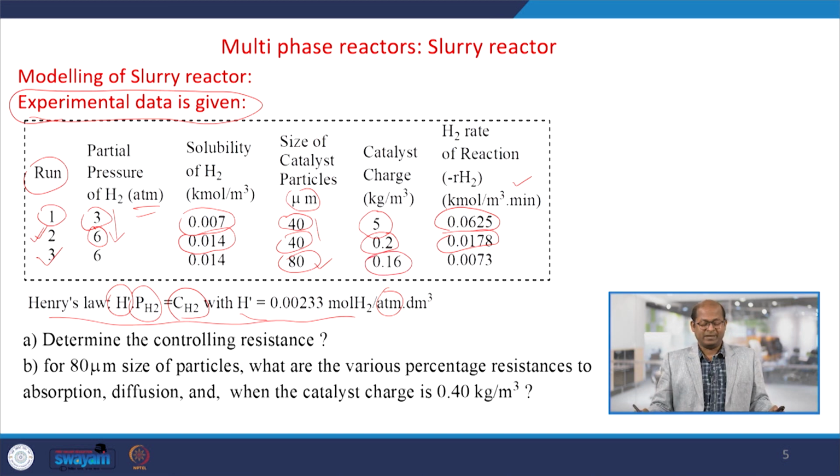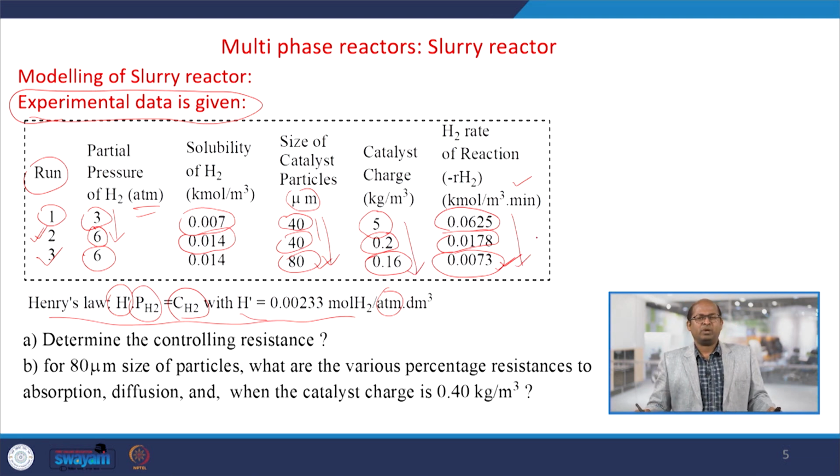The pressure was maintained at 6 atm for this run 3, and the corresponding rate was evaluated, that was this. So, this is the experimental data given for this reaction between hydrogen and liquid reactant in a slurry reactor, where the catalyst is charged at different particle sizes and different amounts, and the corresponding rates are evaluated.